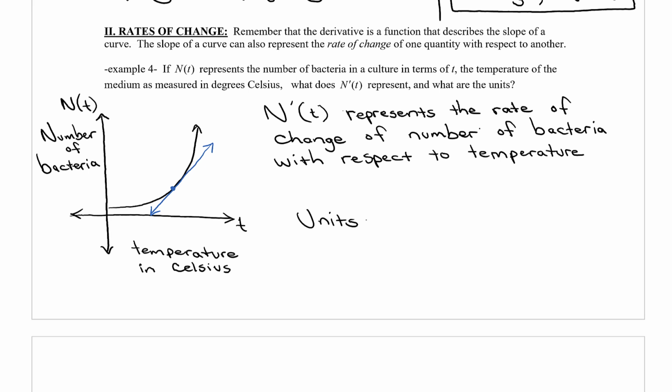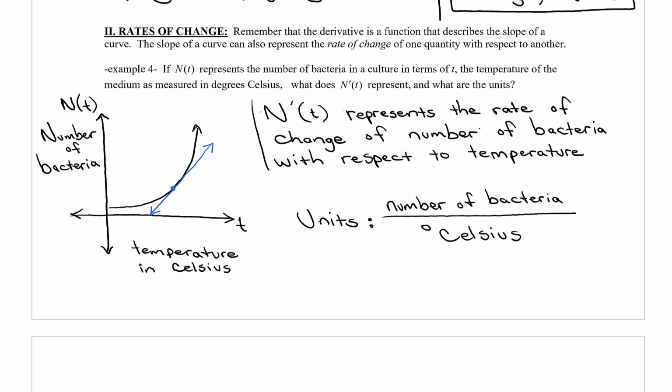As for the units, they would be represented as number of bacteria over degrees Celsius. And that's going to be my answer for that problem. I'm going to go ahead and box in both of those answers.